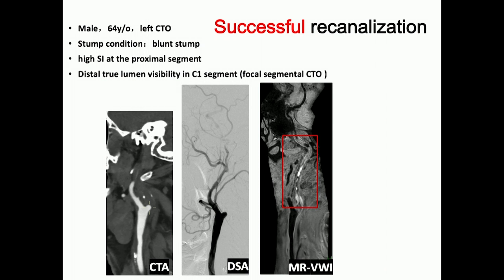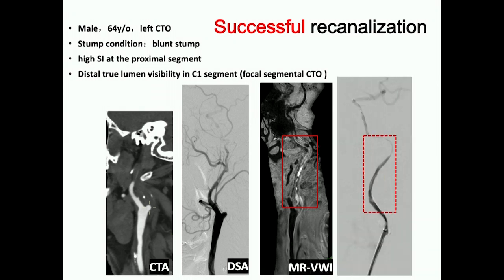As for the start part of the high signal intensity, we thought that was intraplaque hemorrhage because the lesion is located at the vessel wall, and this may cause the total occlusion. For these scattered and discontinuous high signal intensity lesions, we thought that was thrombosis or blood clot because it was in the lumen. After we discussed with the neurosurgeon, we thought the patient had a chance to go through, so he did it, and finally we succeeded.